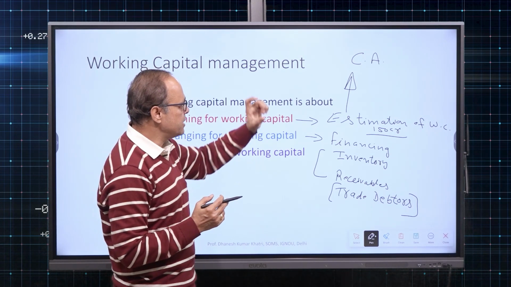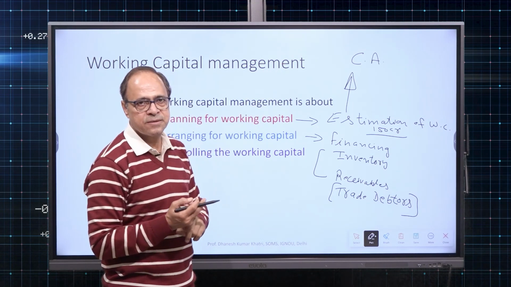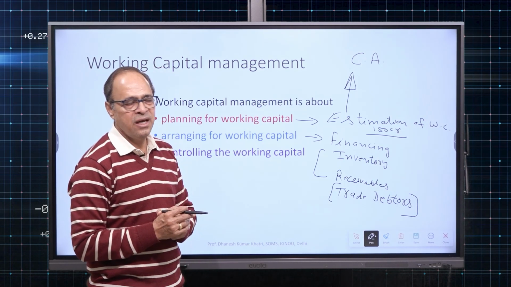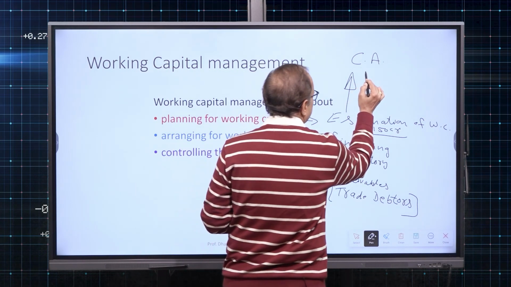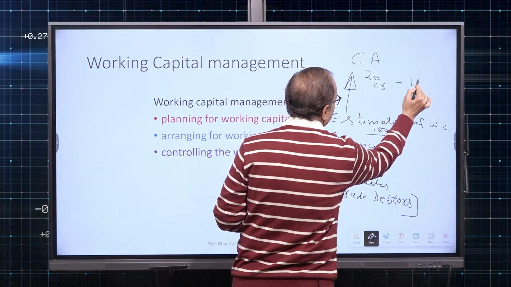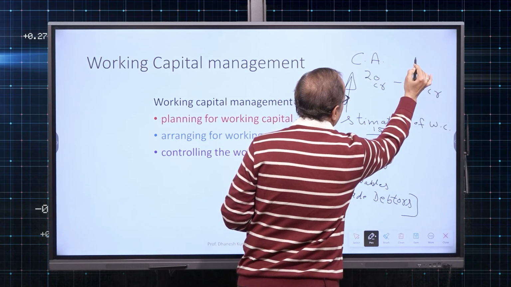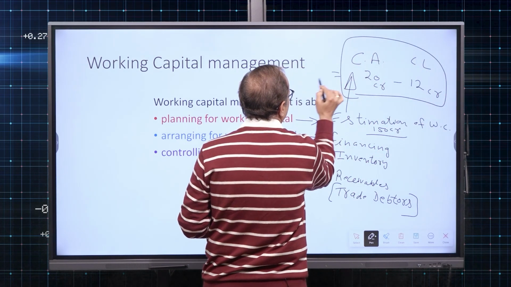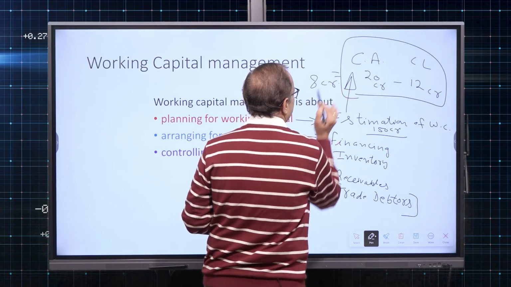That means estimating different current assets. And at the same time, we will estimate different current liabilities. And as you know, if my current assets are going to be 20 crores and current liabilities are going to be 12 crore, how much do I need to arrange for? I need to arrange for only 8 crore.